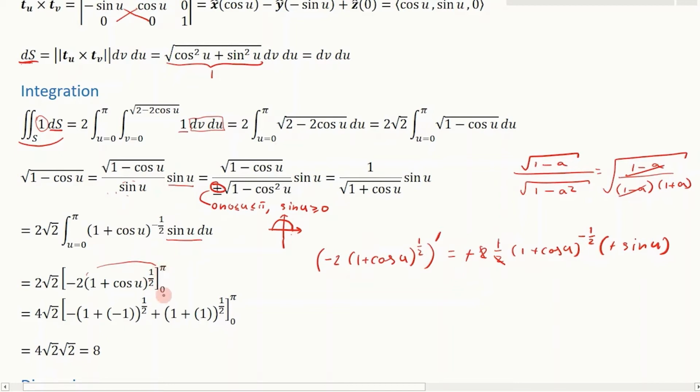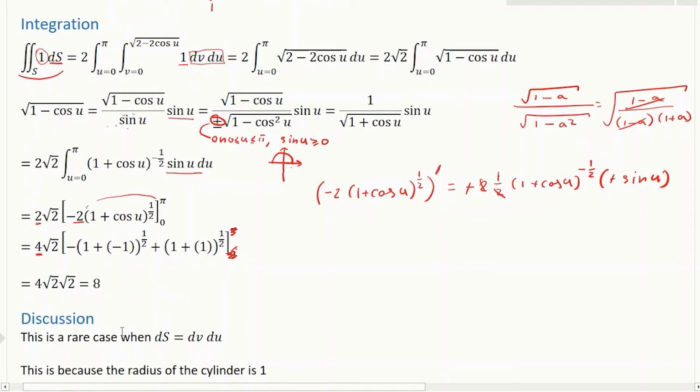Then I evaluated it at 0 and pi. I got negative, and I also combined this 2 with this 2, so I got 4. And here I got negative 1 plus cosine of pi to the power of 1/2, plus, because there's a negative here, 1 plus cosine of 0, which is 1 to the power of 1/2.